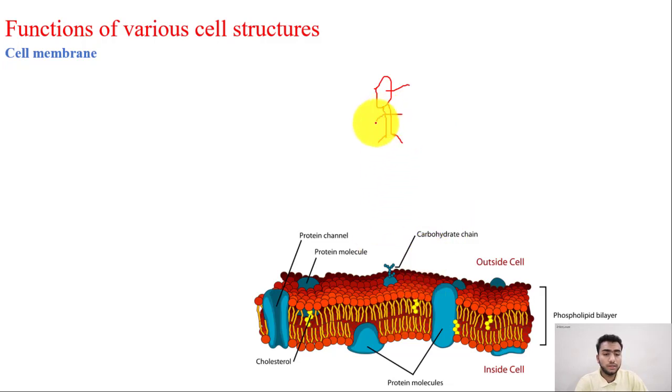And these tails, the two tails, really hate a watery or aqueous environment, and they do not involve water molecules or any liquid. And then you must also note that the cell membrane has various proteins.